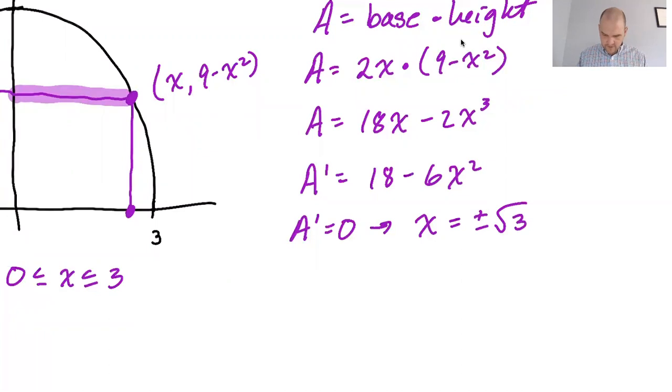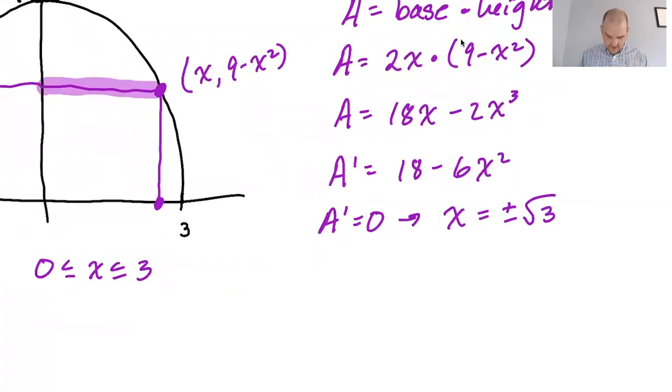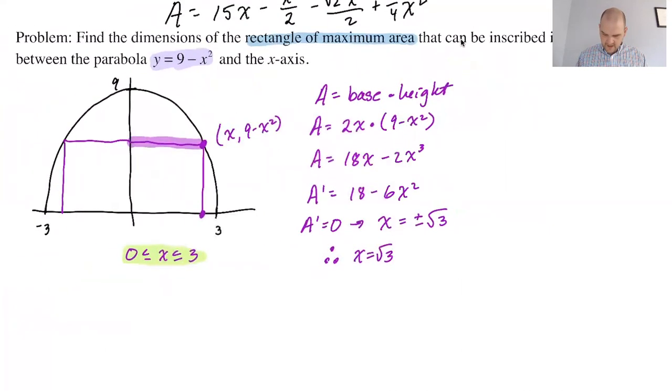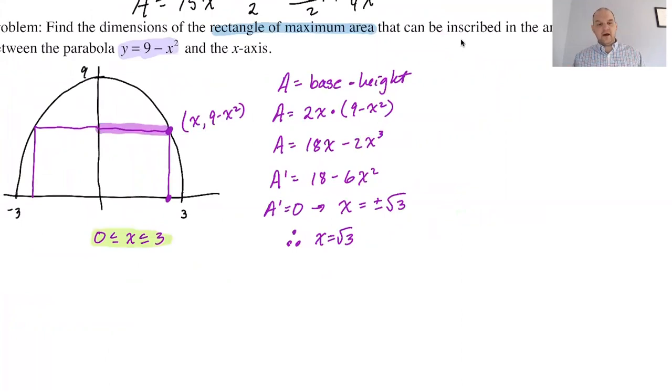But then remember that we have this domain restriction. So since that's the case, x is actually only radical 3. Okay, so we have one critical point, we have two endpoints, and we have an area function that's continuous.